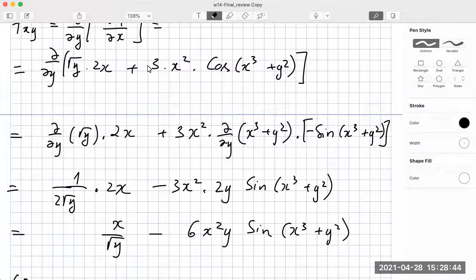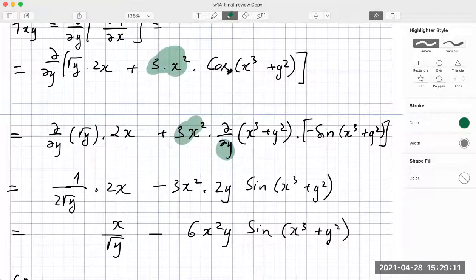So therefore, by the summation rule, it would be d over dy of square root of y times 2x. This one, be careful. Okay, 3x squared, we treat it as a constant. We don't care about this. Here, when we take d over dx, d over dy, that is why we have this.